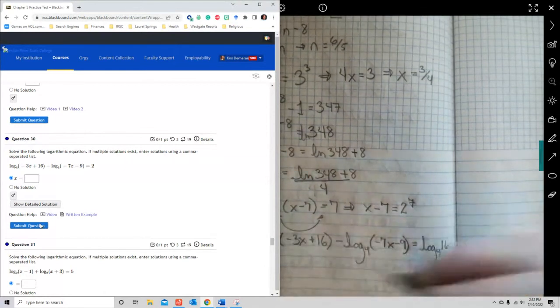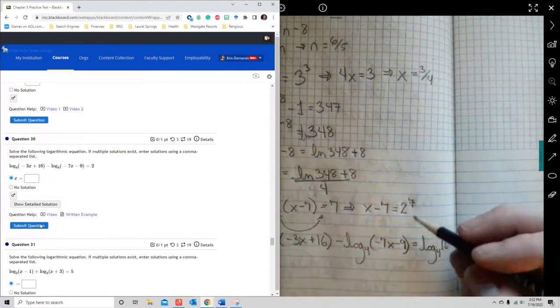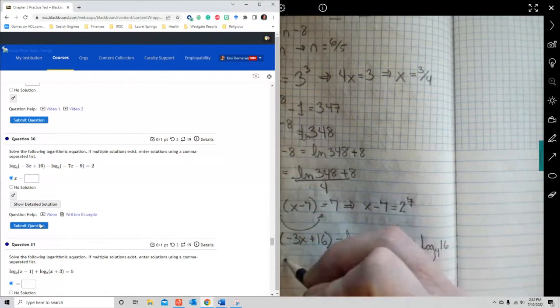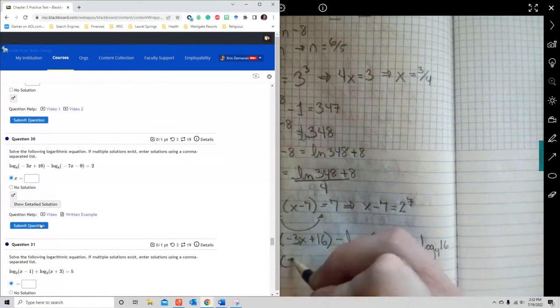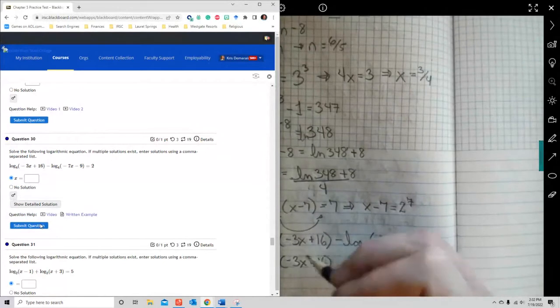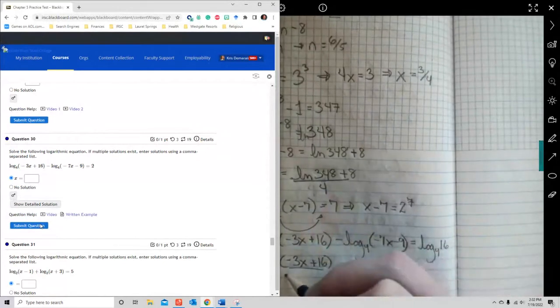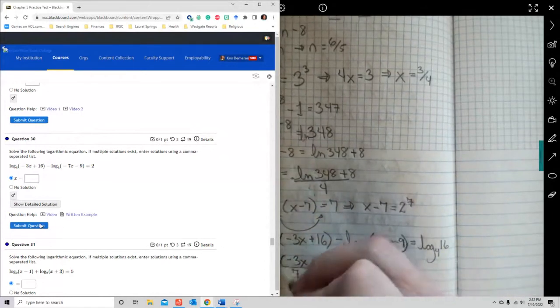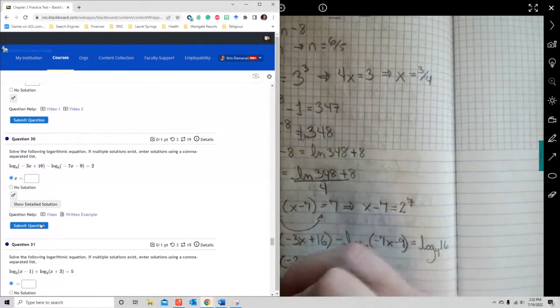Now they all have logs, and because they all have logs, we want to go ahead and condense this down by division, and then we get this. And then that brings it to one singular log with the base 4.